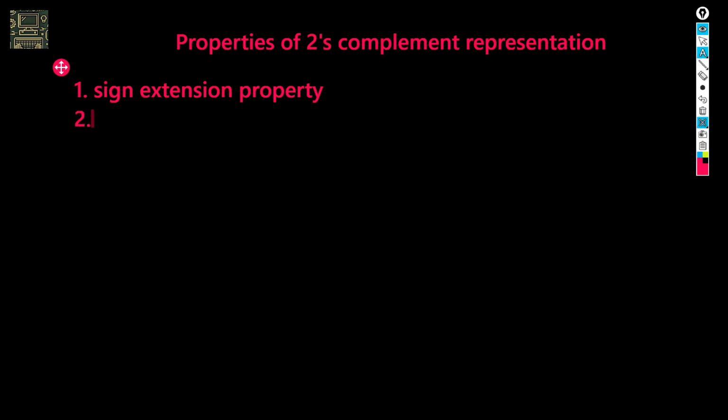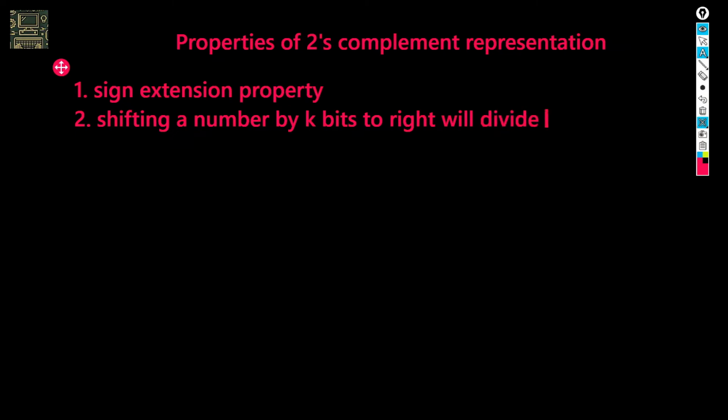The second property is that shifting a number by k bits to the right will divide the number by 2 to the power k.